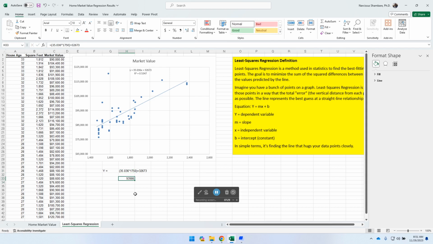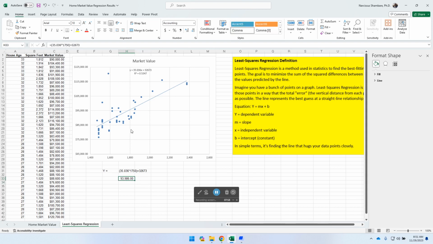It tells me that a house, based on this least squares regression, with square footage of 1,750 will have a market value of 93,986. Again, we can format the value that way.